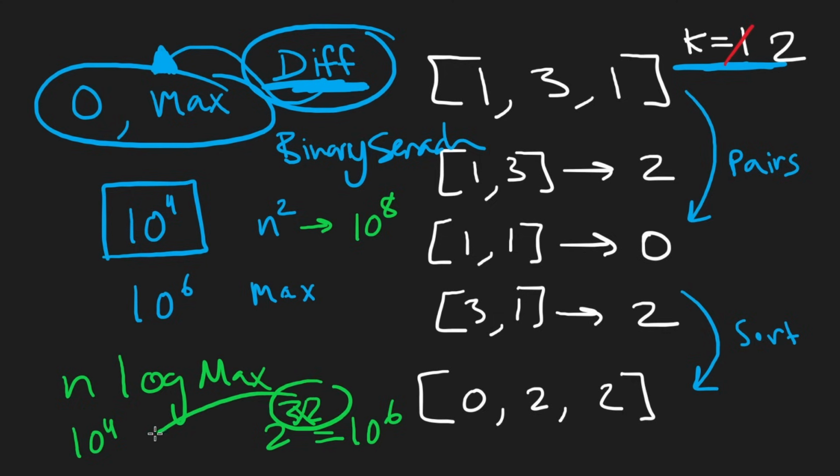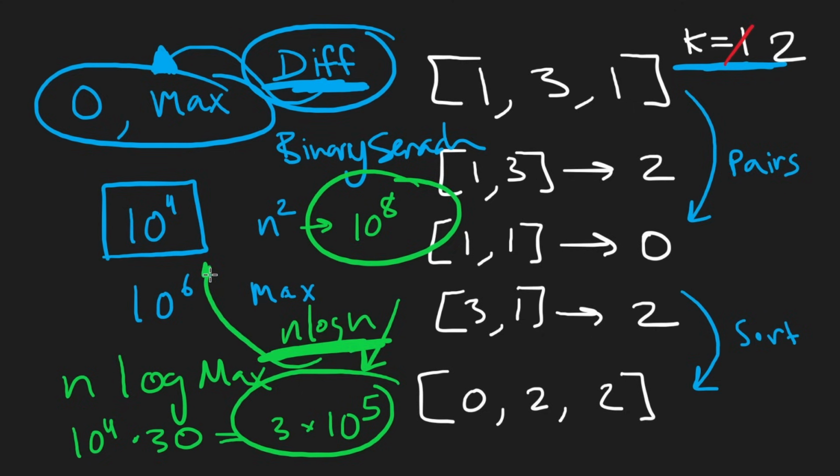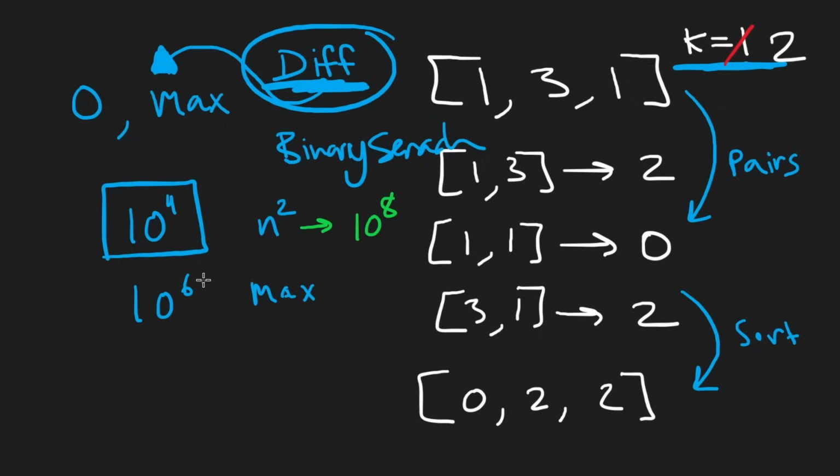So let's just put 32 in here, for example. Let's take 10 to the power of 4, multiply by 30, just to keep the math simple. This is going to end up being something like 3 times 10 to the 5. So clearly with binary search, this is going to be much improved over the n squared solution. n log n is always way better than n squared. It's not even close, especially for big numbers. So that's why this is definitely going to be an improvement.